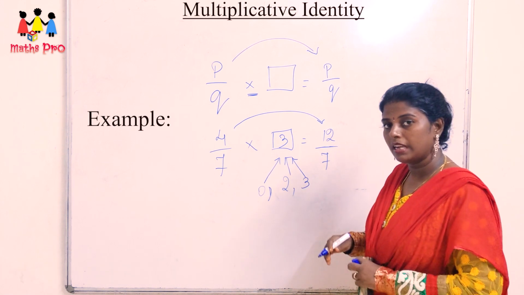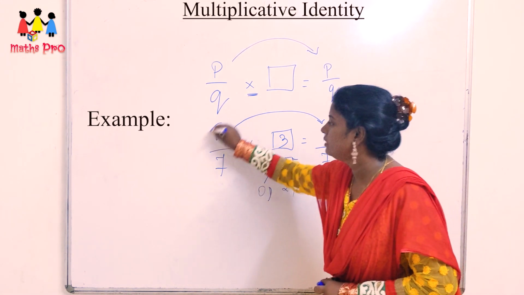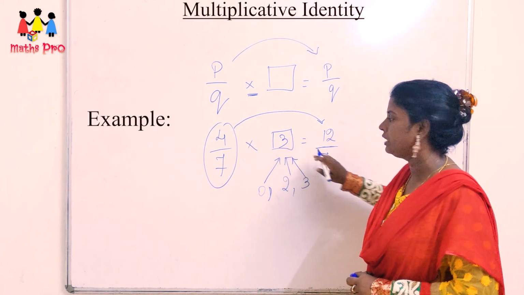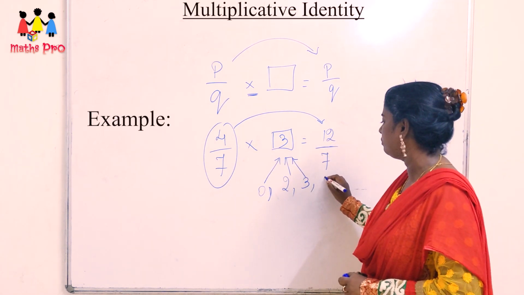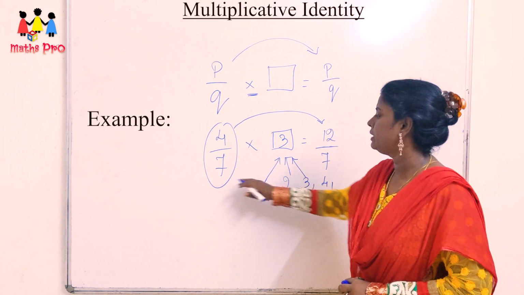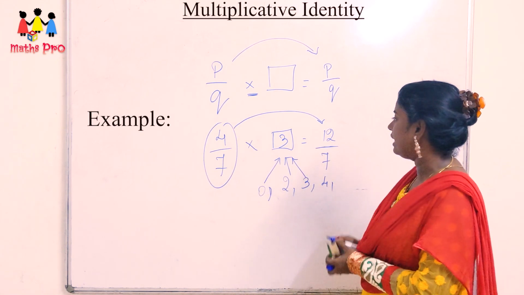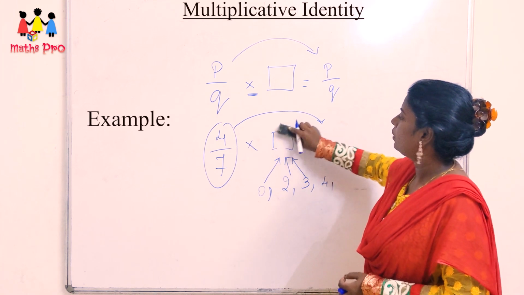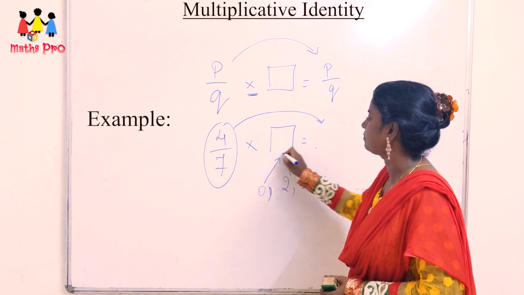But again, by the definition, this number multiplied with any number should give the same number. So whatever number I multiply with 4 by 7, I can't get the same number 4 by 7. The only number is 1.